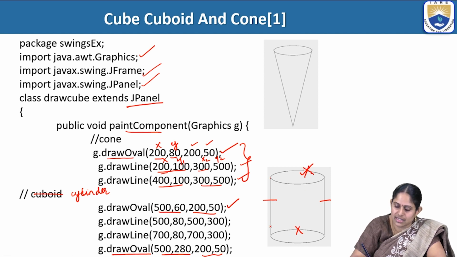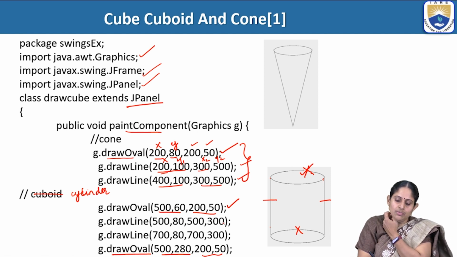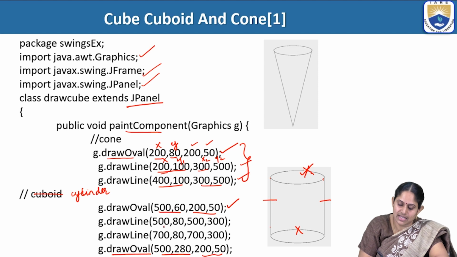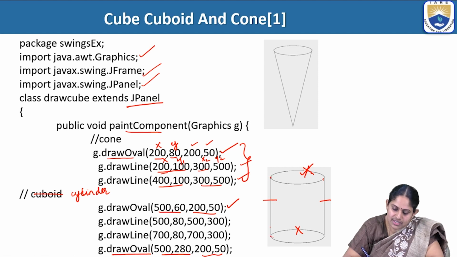Now we have to connect these two ovals with lines. For that, we make use of two lines. So this point is 500, 280 and this point is 500, 560, and we get one line. Similarly, we get the other line.